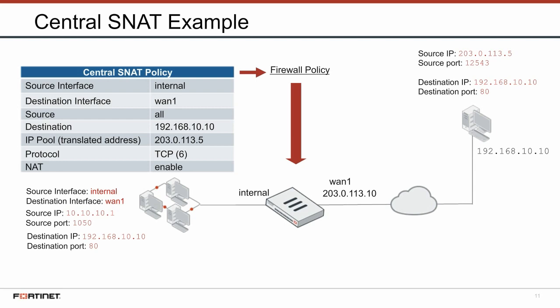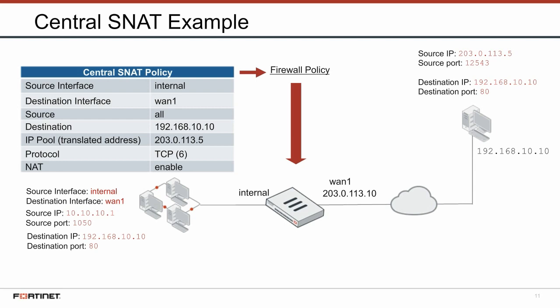That is, traffic from the source IP address through the source interface internal to FortiGate must be destined for destination IP address 192.168.10.10 through destination interface WAN 1, and the protocol must be TCP. For illustration purposes, only a single IP address is used for the destination, and the IP pool type is set to overload with a single IP address.